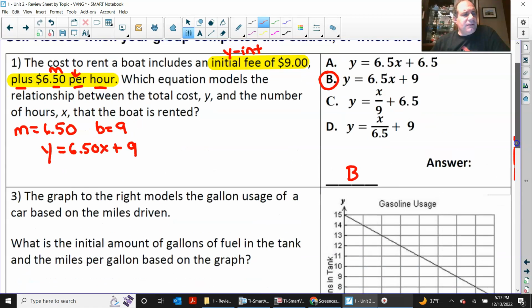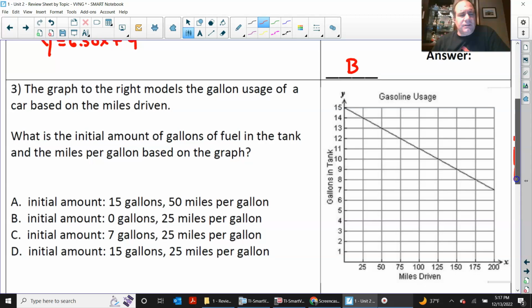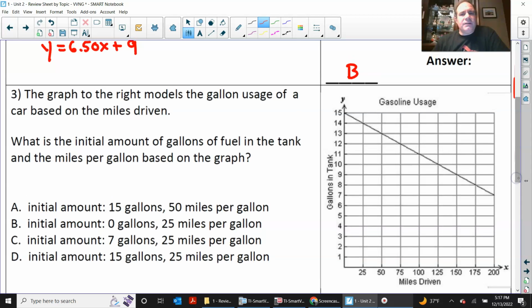Number 3, I don't know how it skips from 1 to 3, but the graph to the right models the gallon usage of a car based on miles driven. What's the initial amount of gallons of fuel in the tank, and the miles per gallon, that's the slope. So the initial amount is the b, and the miles per gallon based on the graph.